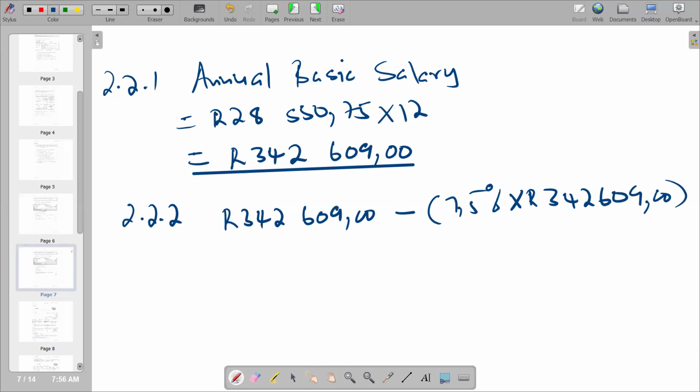So we can try to calculate it from that point to see that the final answer that we are supposed to get is 316,930 rands 33 cents. So this becomes your final answer.